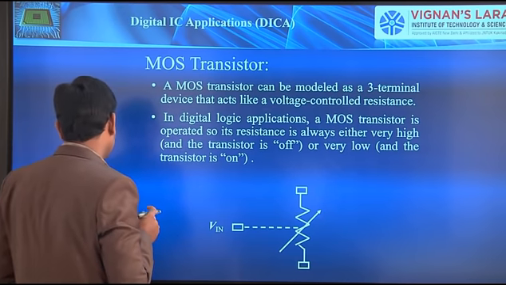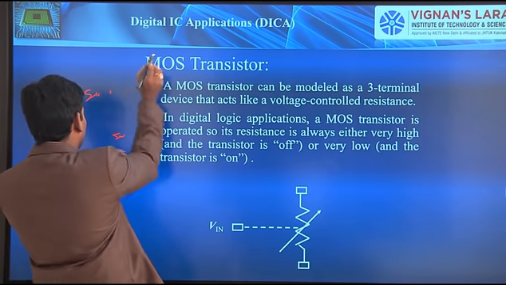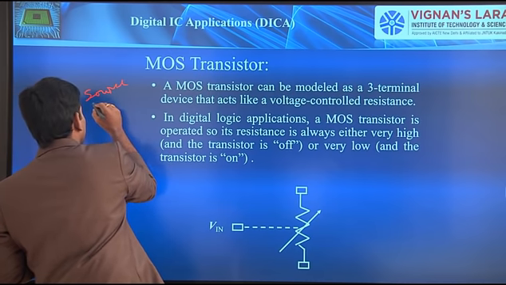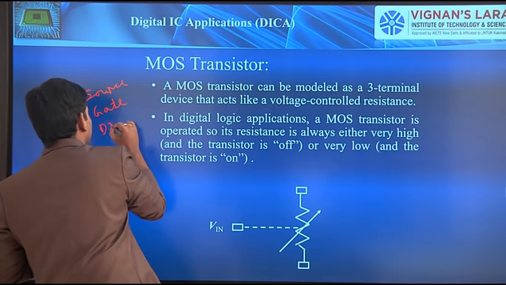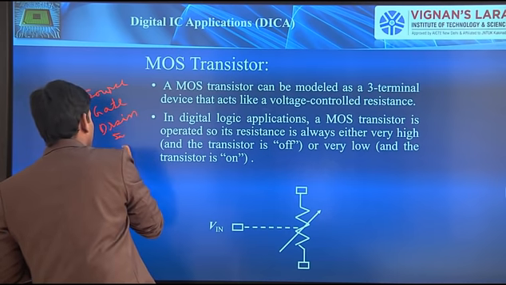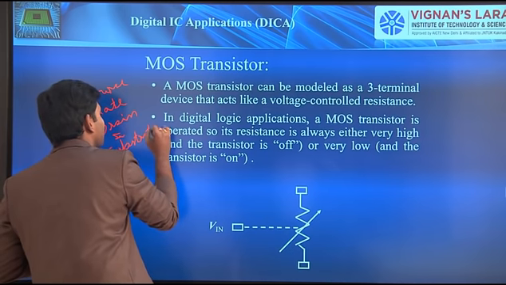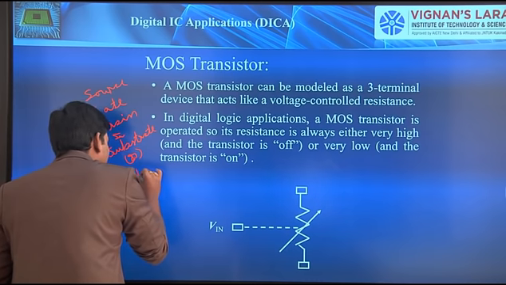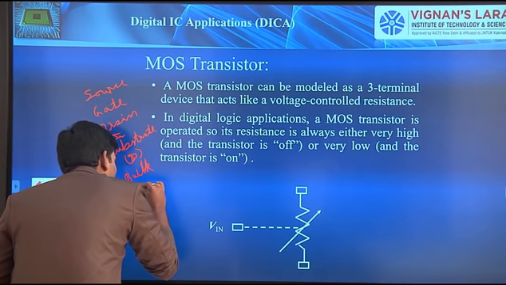Those terminals are source, gate, drain, and the fourth one is substrate. Substrate we can also call bulk or body.